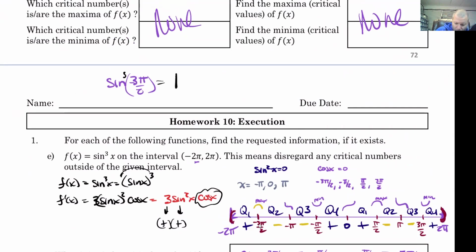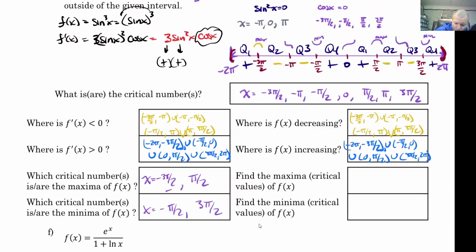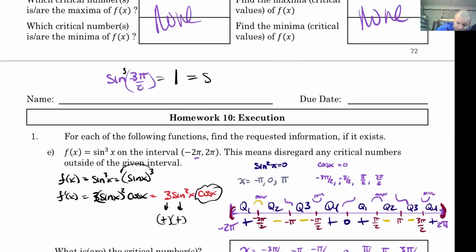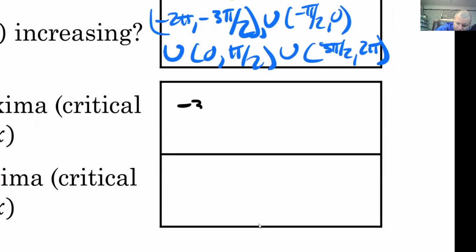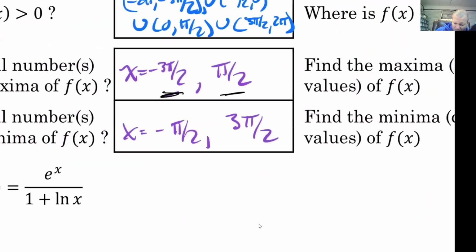If I cube 1, I'm going to get 1. So we're going to get 1 when I plug in. It's going to be the exact same thing as sine of pi over 2 cubed. So we're going to get two points: negative 3 pi over 2 comma 1 and pi over 2 comma 1.